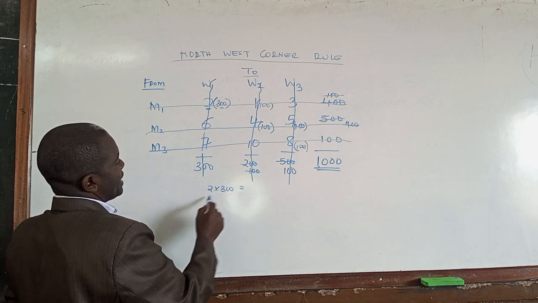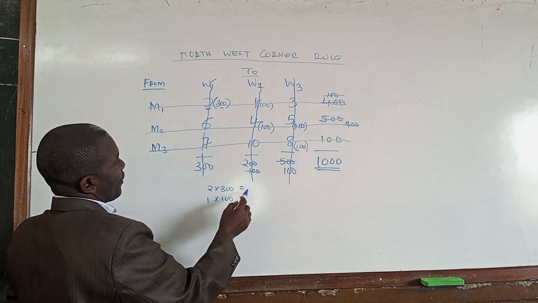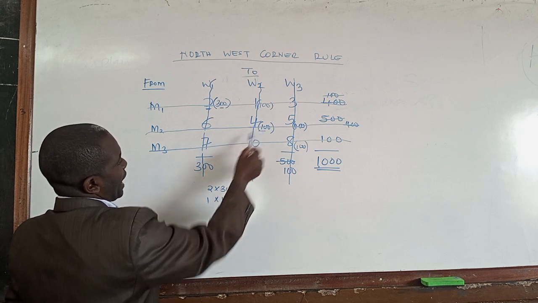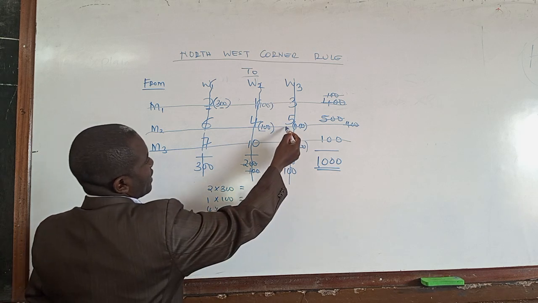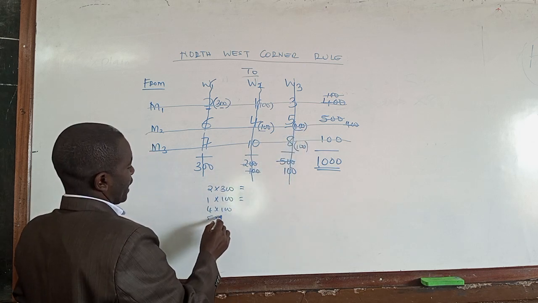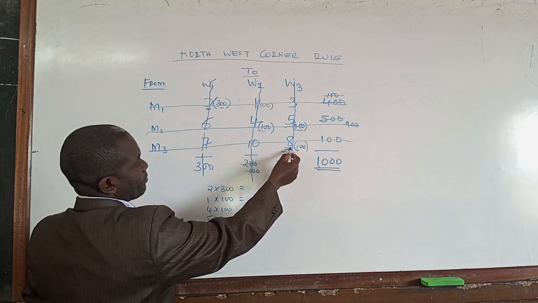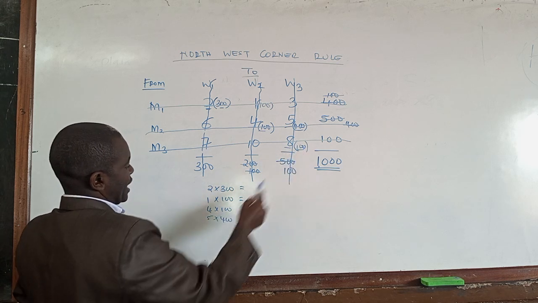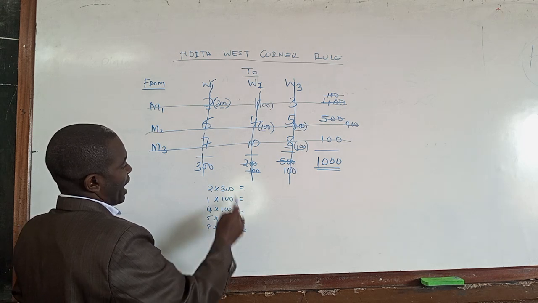Then we shall add 1 shilling times 100, and then the 4 shillings times 100. Again, we had 5 shillings times 400 units. And then lastly, we have the 8 shillings per unit times 100 units, that is 8 times 100. And then we can now get the totals.